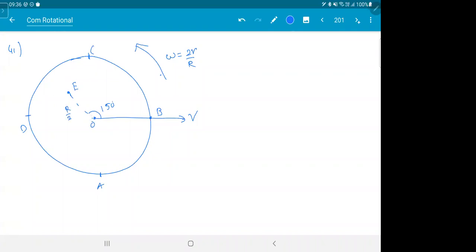And this is R by 2. So O to E is R by 2. Find velocity of ABC.